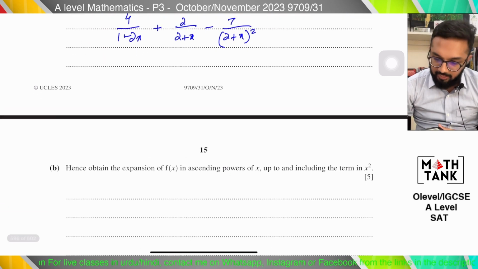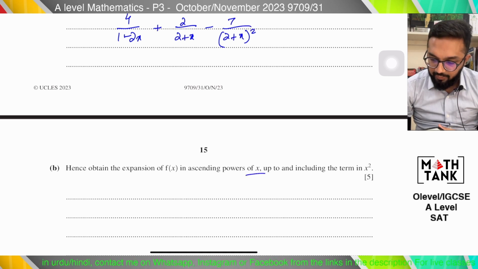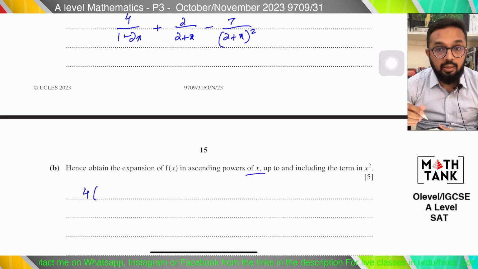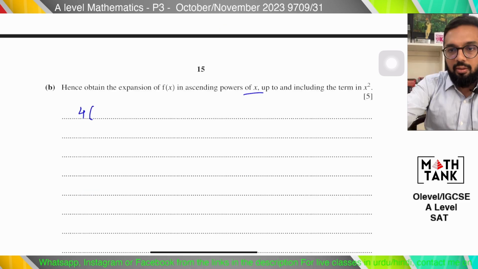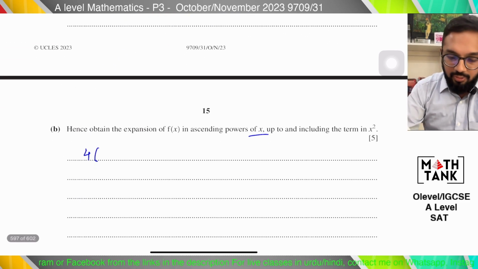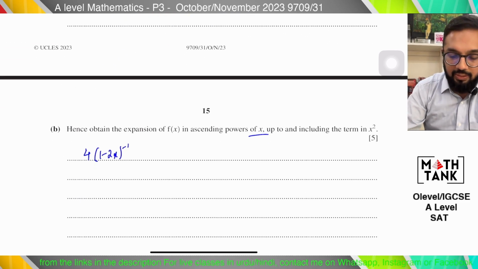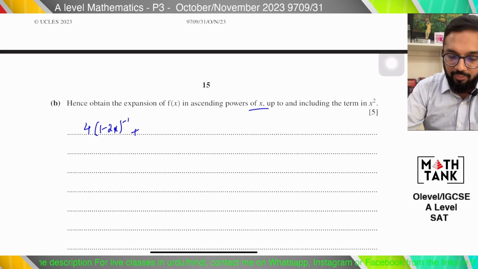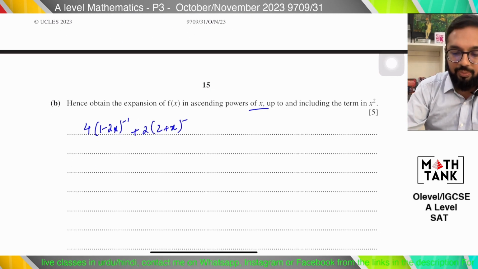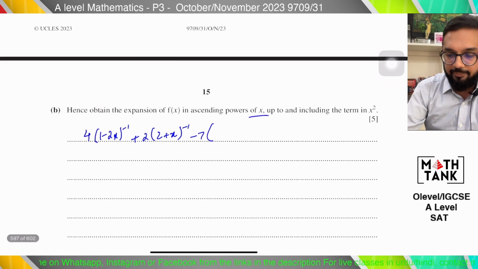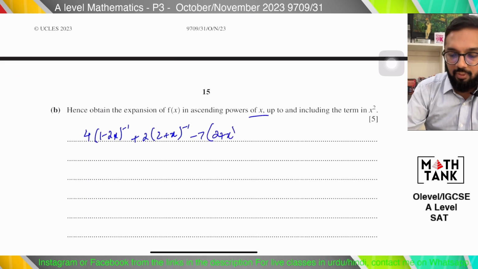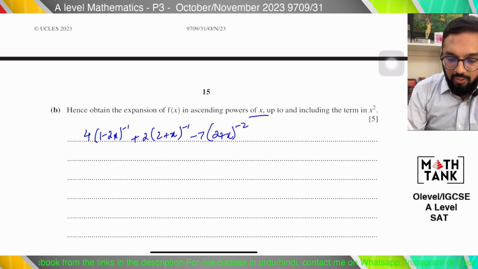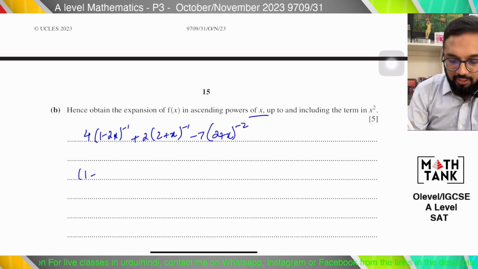It says obtain an expansion in ascending powers of x up to and including the term in x squared. Okay, so 1 minus 2x power minus 1, plus 2 times 2 plus x power minus 1, and minus 7 times 2 plus x power minus 2. For the first bracket, I need the first three terms.